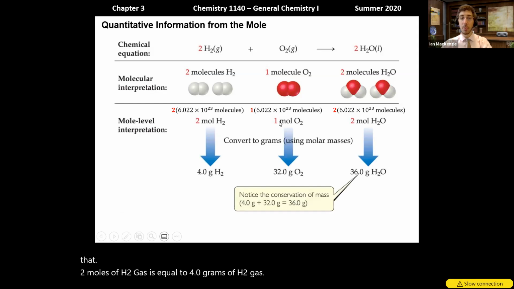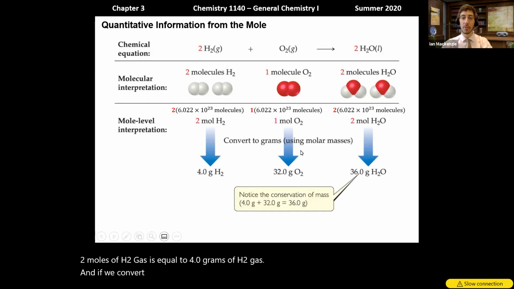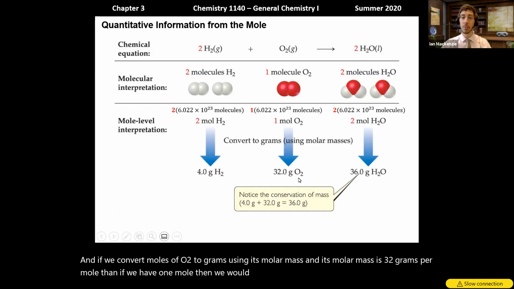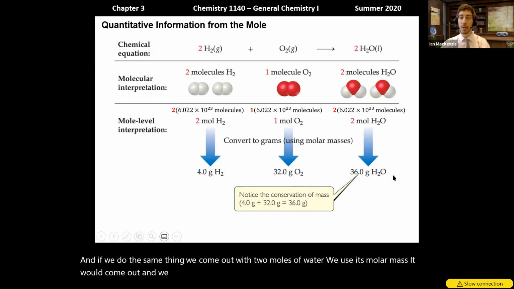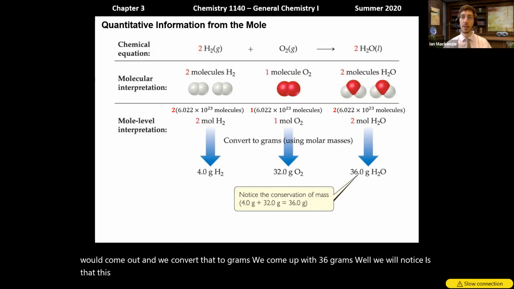If we convert moles of O2 to grams using its molar mass of 32 grams per mole, then 1 mole gives 32.0 grams of O2. We do the same thing for 2 moles of water, use its molar mass, convert to grams, and come out with 36 grams. What we will notice is that this now matches the conservation of mass. We have 4 grams of hydrogen reacting with 32 grams of oxygen, and that generates 36 grams of water, which is all balanced.